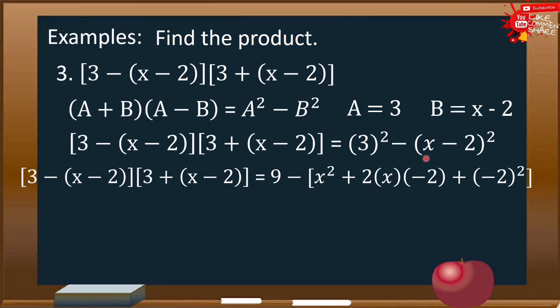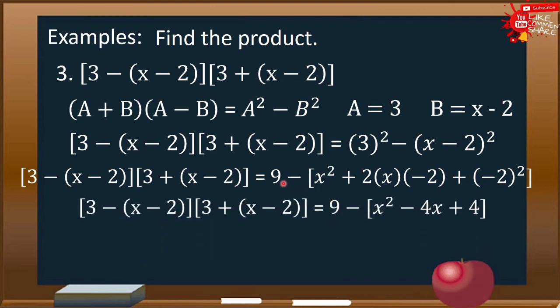So ibig sabihin, i-square lang natin to. So ito na yon, x squared plus 2ab, ang a natin ay si x, ang b natin ay si negative 2. So, positive 2 times x times negative 2. Plus, square lang natin yung second term, si b squared. So, negative 2 squared. And then, simplify lang natin.